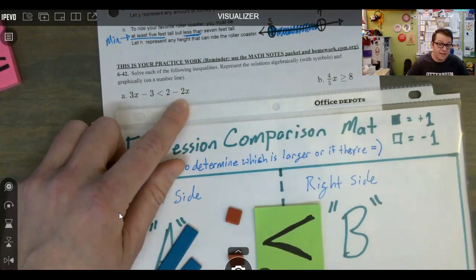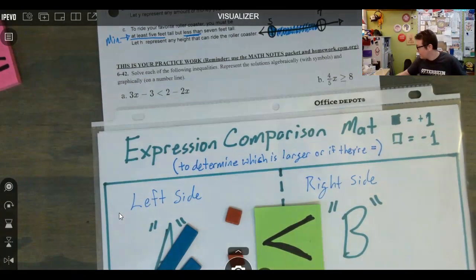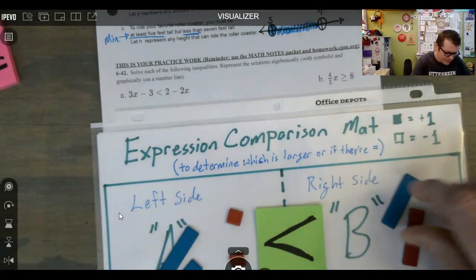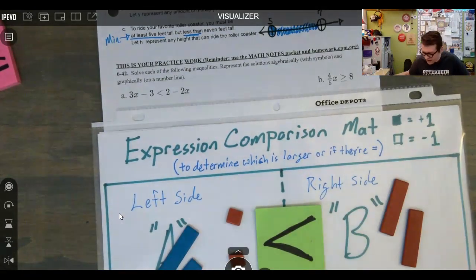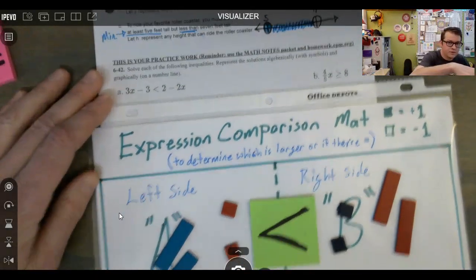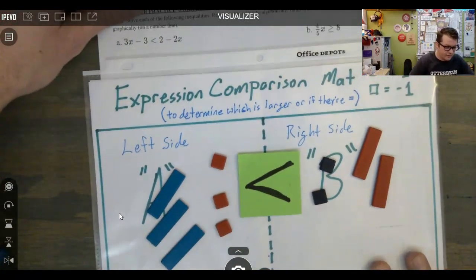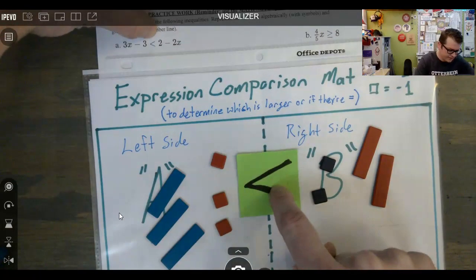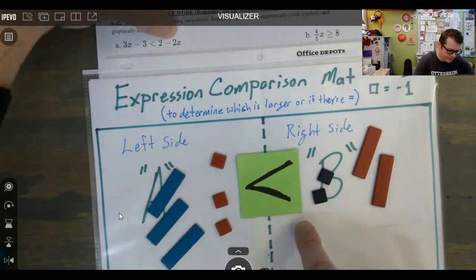What are we going to say instead of minus 2x? That's right, we're going to say negative 2x. So there's my negative 2x's, but don't forget about our positive 2. So positive 1, positive 2. So now if I zoom out to see everything, 3x minus 3, 3x, 3 negatives, less than, positive 2, negative 2x's.